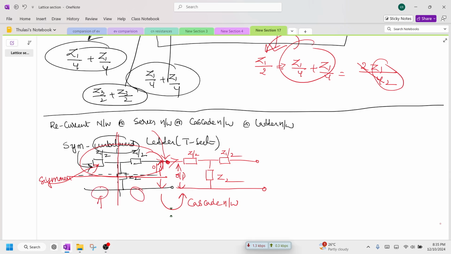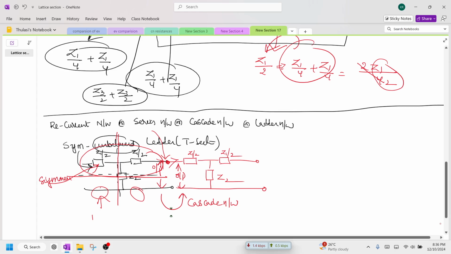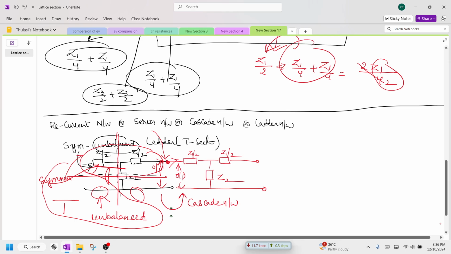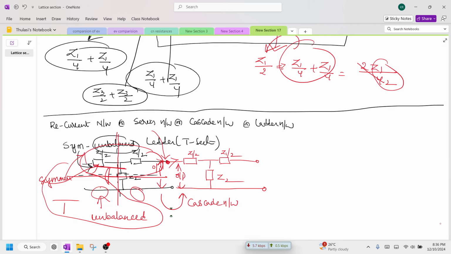So since it is not balanced, we call this unbalanced, and this resembles the letter T. Therefore, ultimately, the name of this network is symmetrical, unbalanced ladder T section. We are joining the output to the input. That's why it is called cascade network, series network, or ladder network. This is all about recurrent networks, series networks, or cascade networks.